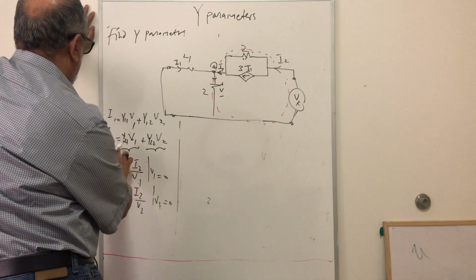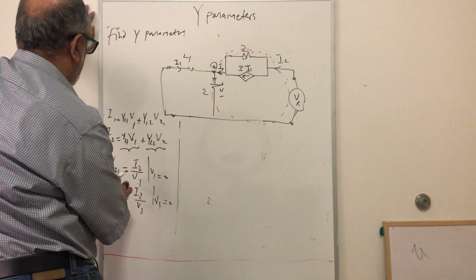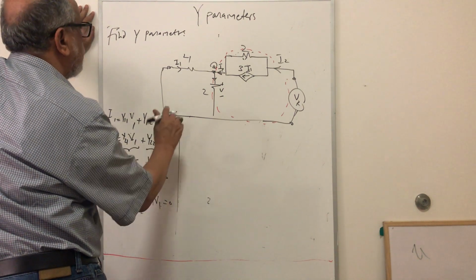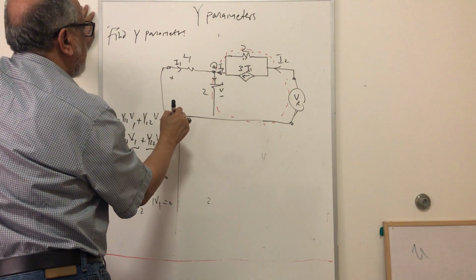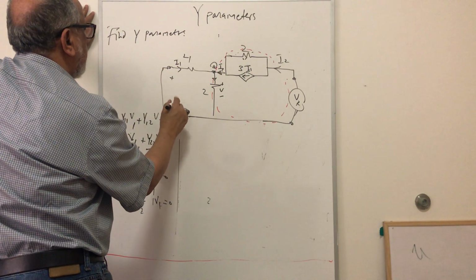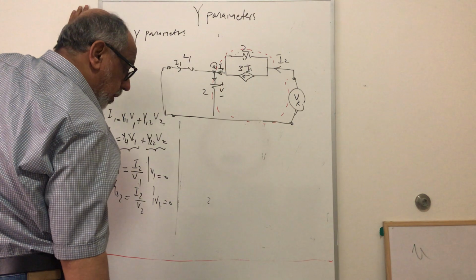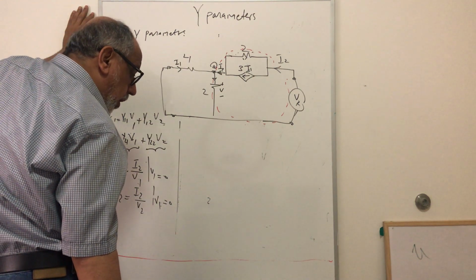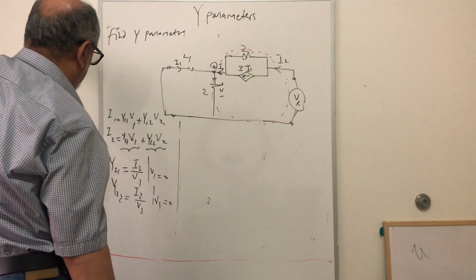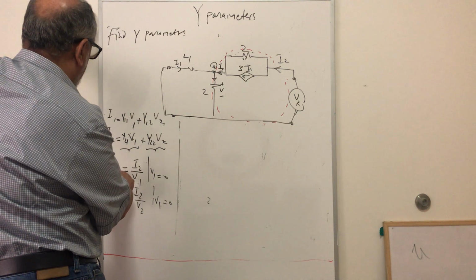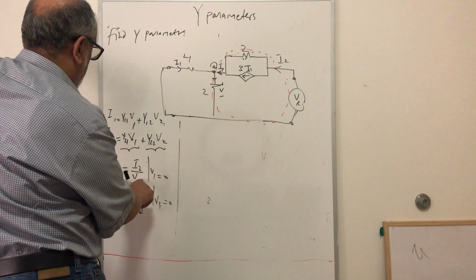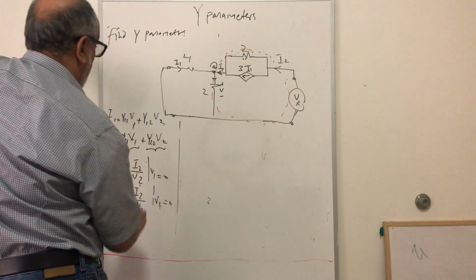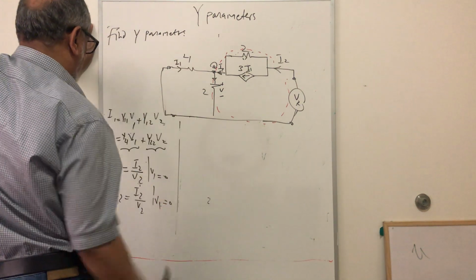Y21, I2 over V1. So V1 is this port, right? Y21 is I2 over V1 when V2 equal to 0.